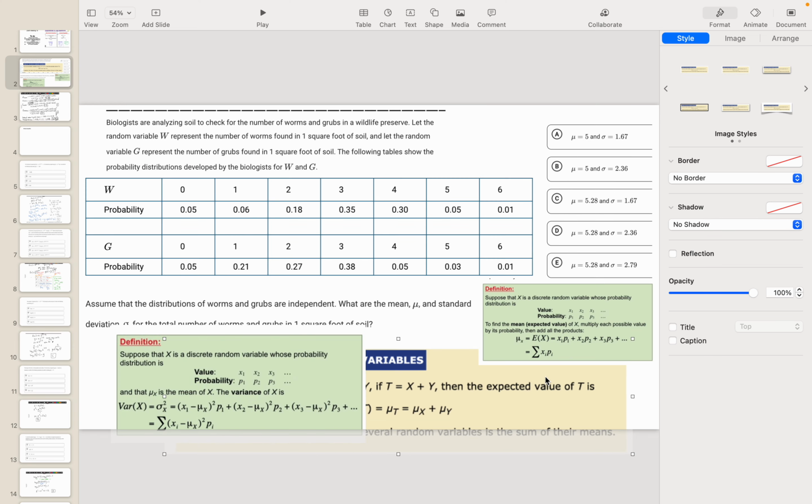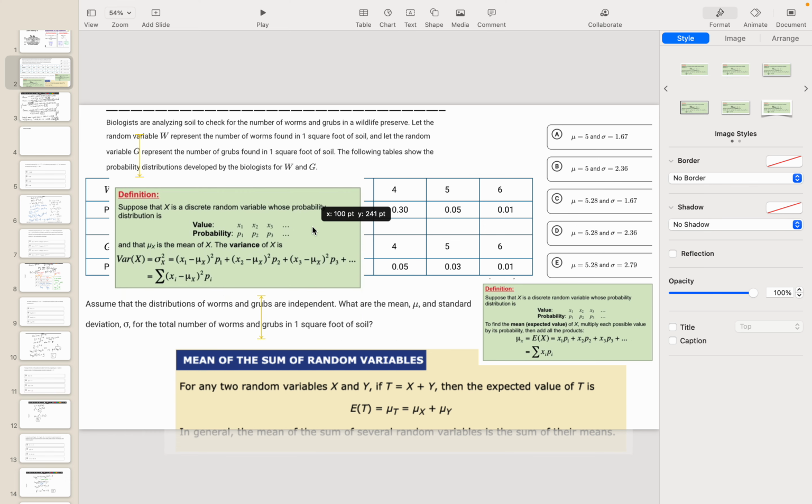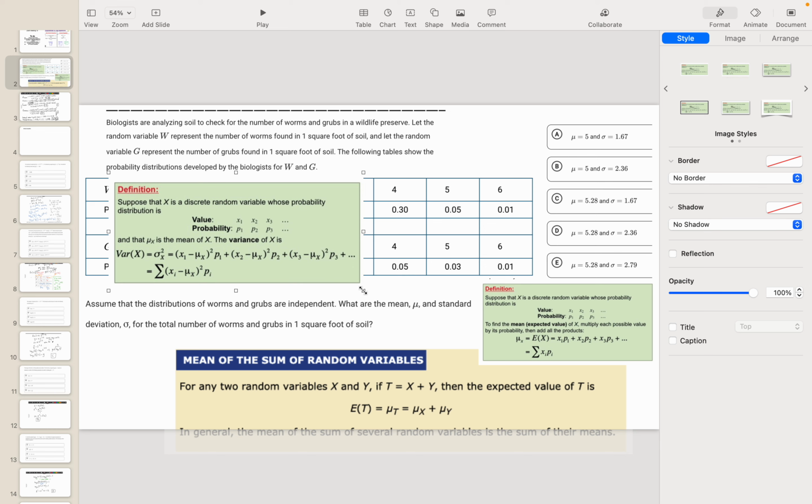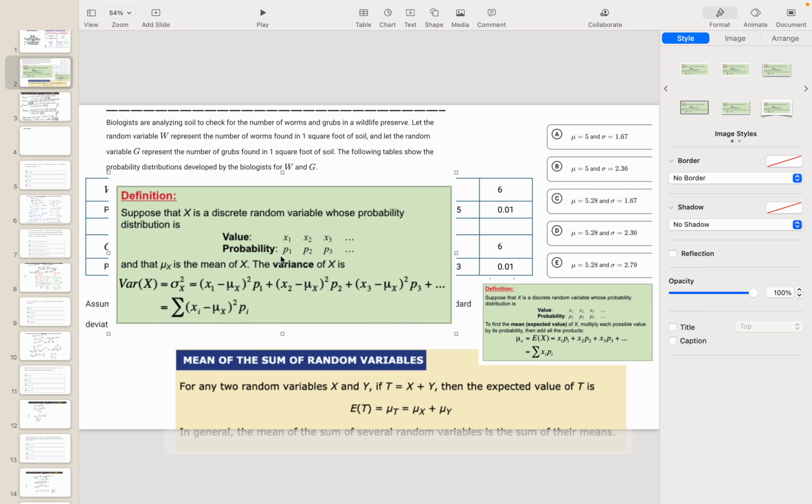And that's good because I have that as a choice, right? So C, D, and E all have that choice. Now, when I want to find the variance of a random variable, and remember, the standard deviation is just the square root of the variance. That's something we've had from before. I have to take each value minus the mean, the expected value, square it, times the probability.